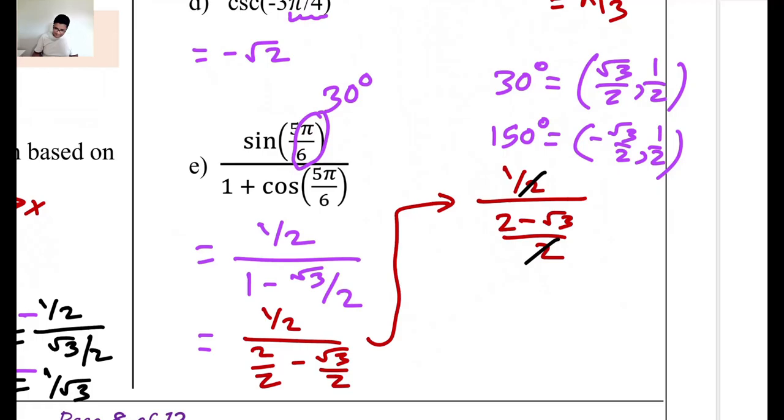Now that cancels, because it's a over b over c over d. You know that denominator and denominator will cancel. So what am I left with? 1 up, 2 minus root 3 down.